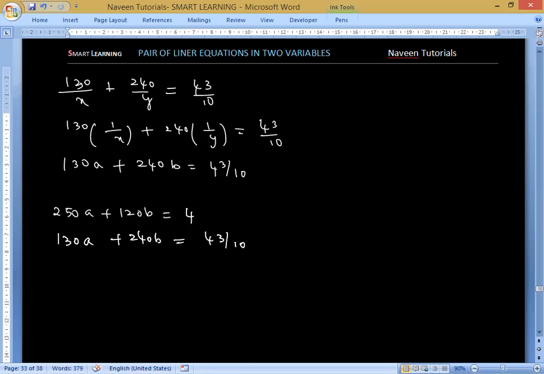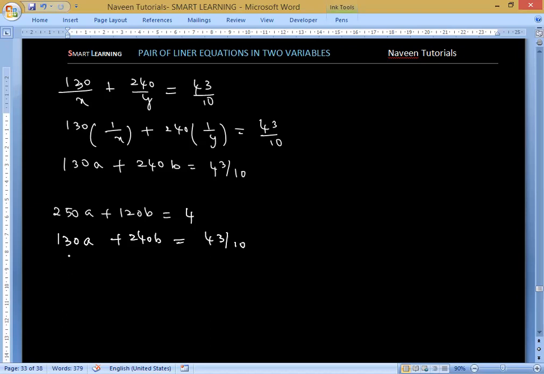To get the values of a and b, you have to eliminate either a or b. The coefficient of b is 120 in the first equation and 240 in the second. If I multiply the first equation by 2, it becomes 240, and I can cancel 240 by changing the signs.